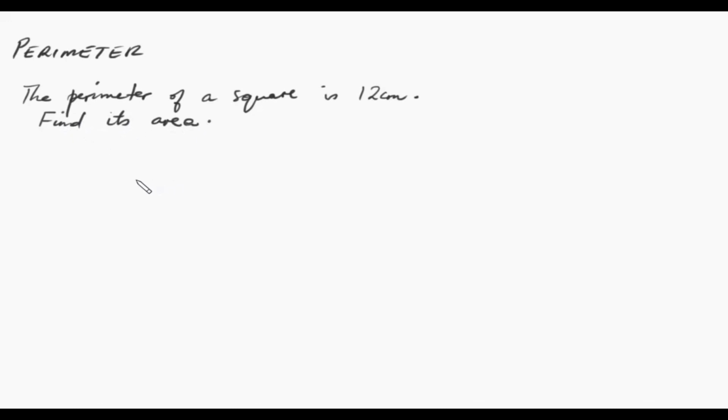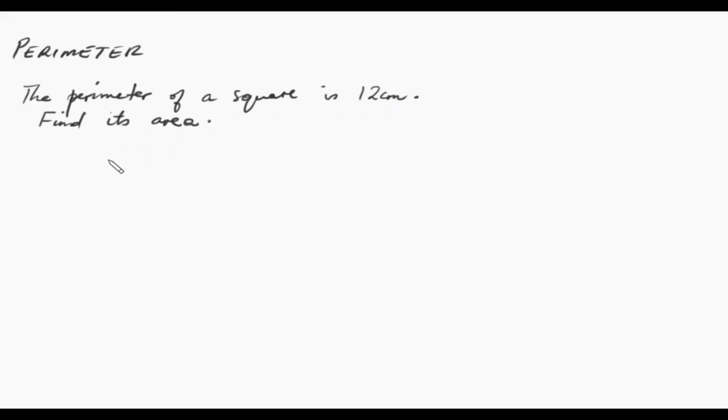What would you do? How would you approach this simple question? The perimeter of a square is 12 centimeters. Find its area. How would you approach it?